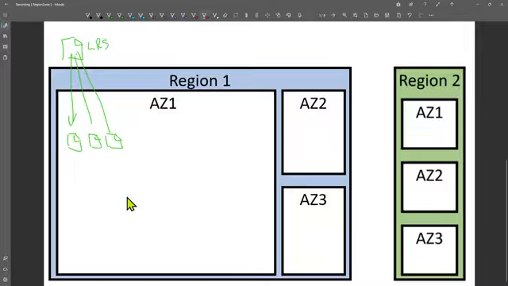What we now have is a thing called ZRS. I'm going to draw this as a blue file. And so ZRS takes those 3 copies, and this time it writes them across 3 different data centers, but within the same region, because they're in the same storage account.